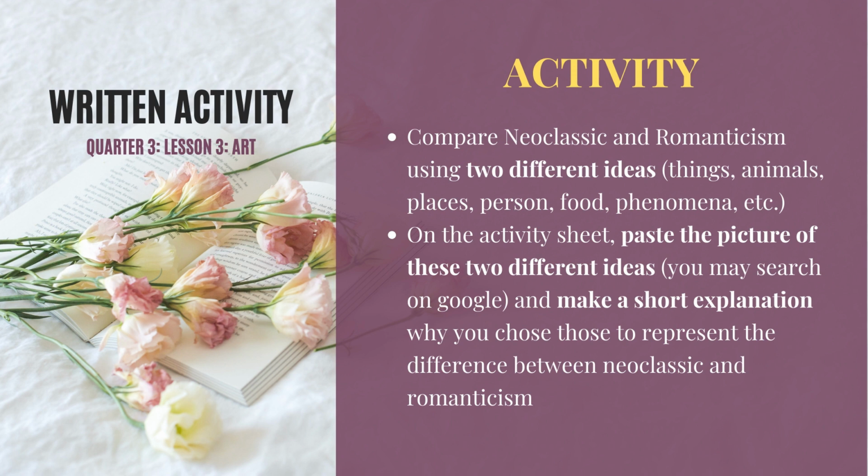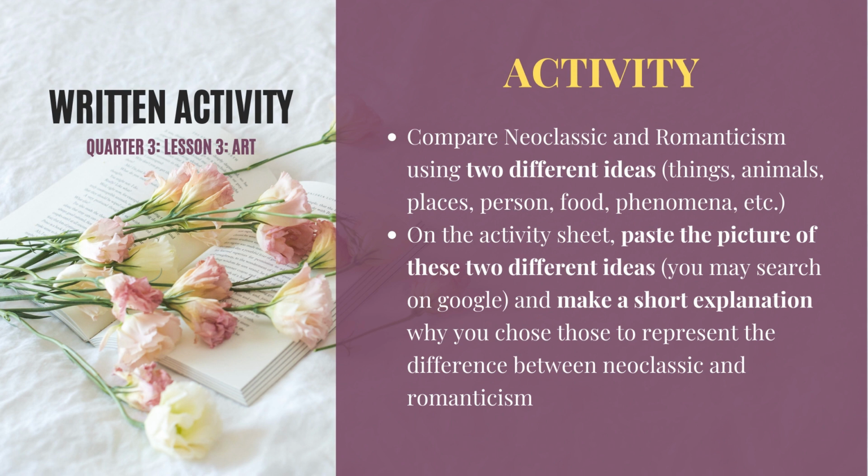So for example, yung dalawang different ideas na naisip ko to compare Neoclassic and Romanticism is, for example, si Queen Elizabeth versus Lady Gaga. Okay? So, two different ideas sila. Bakit si Queen Elizabeth, for me, is a representation of Neoclassical, while si Lady Gaga is a representation of Romanticism? Kasi si Queen Elizabeth is very classic, traditional, and ideal, while ito namang si Lady Gaga is very exotic and emotional.